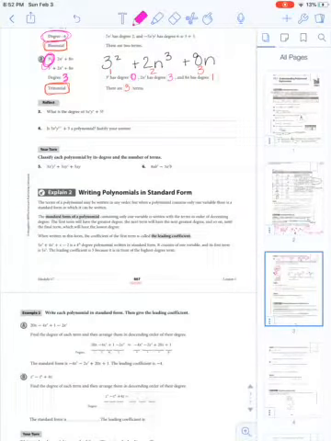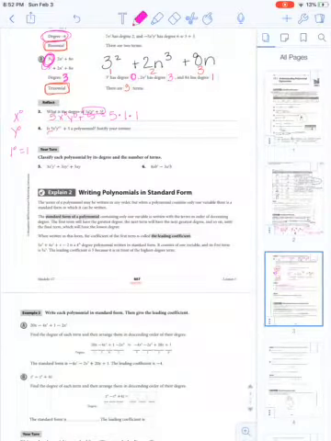So what is the degree of 5x^0 y^0 plus 5? Well, we have 5x^0 y^0 plus 5, which is 5 times 1 times 1, because anytime we have x to the 0, y to the 0, we just get 1.